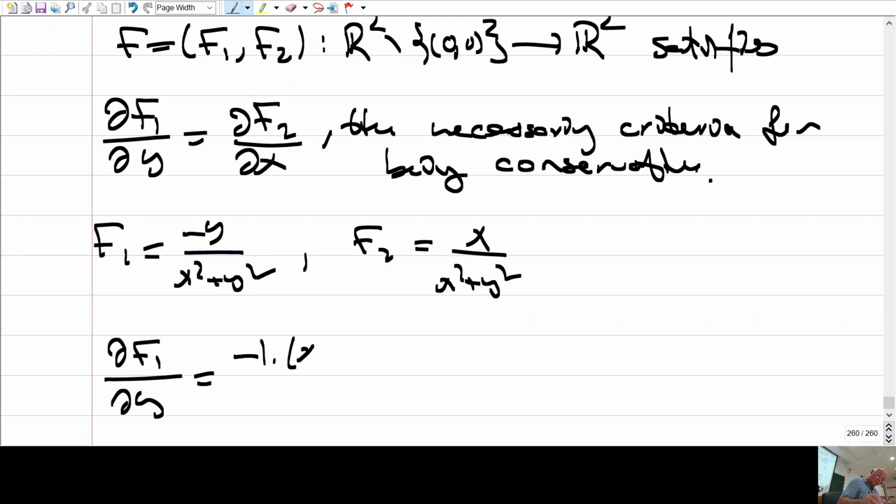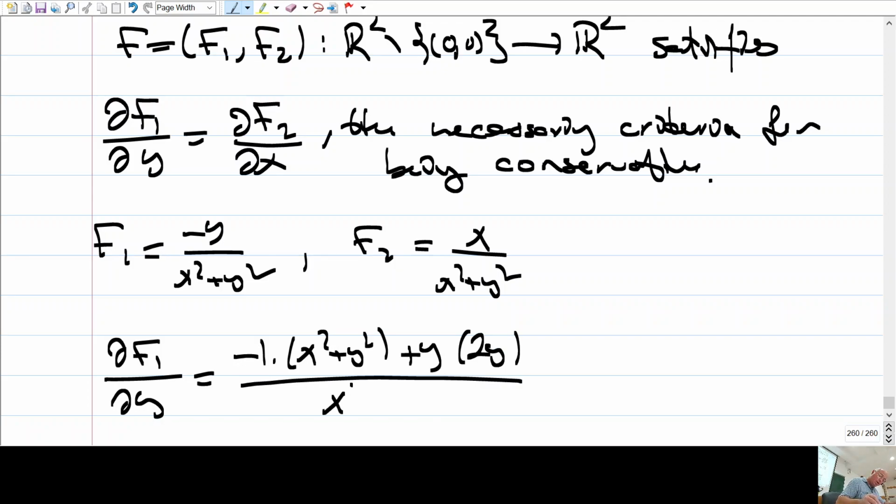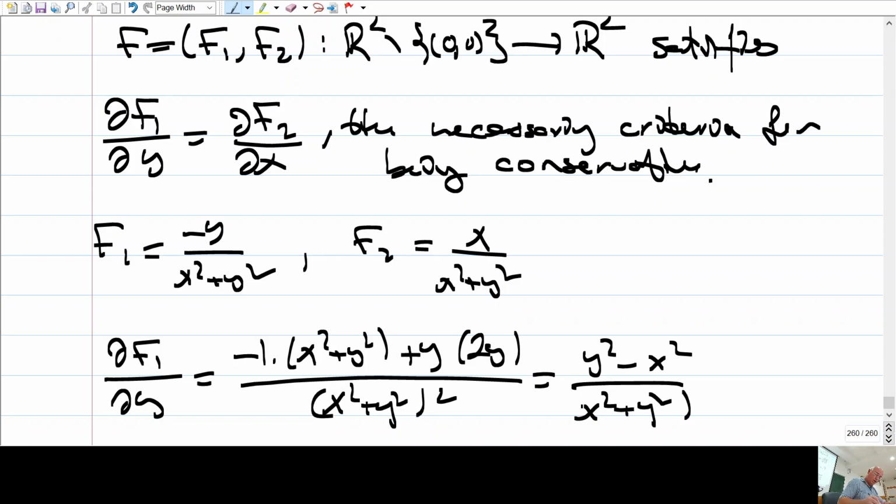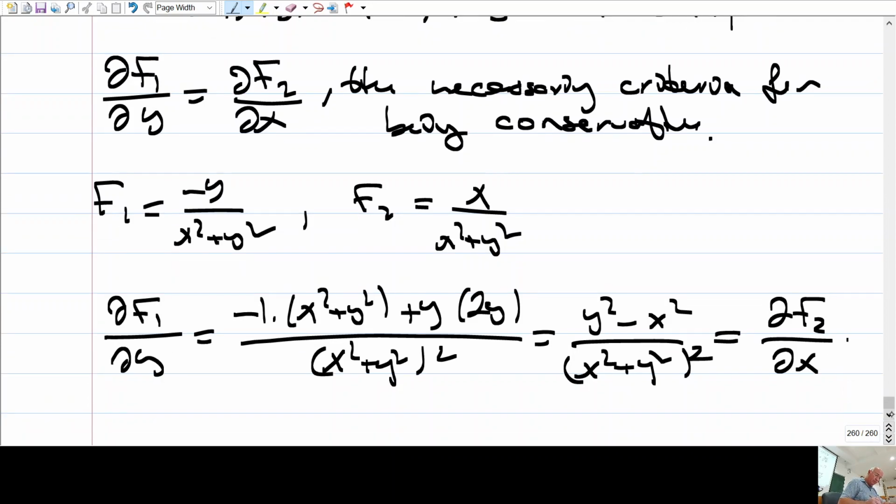So minus 1 times x squared plus y squared, minus another minus, plus y times the derivative of this with respect to y, which is just 2y, divided by x squared plus y squared squared. So this is just y squared minus x squared divided by x squared plus y squared squared. And you can check that this is indeed the x derivative of f2.